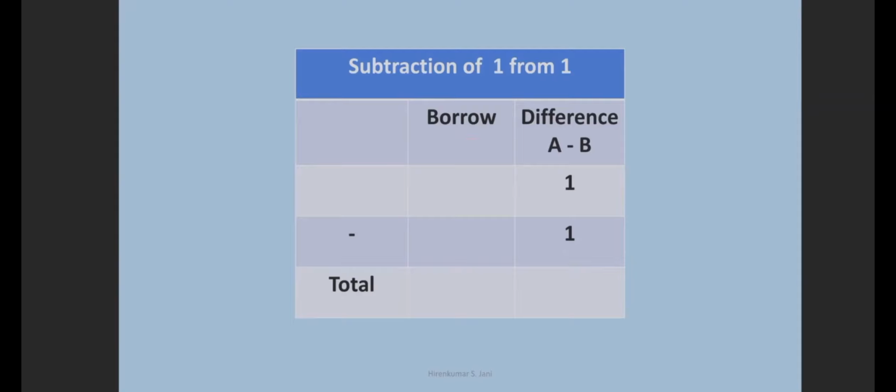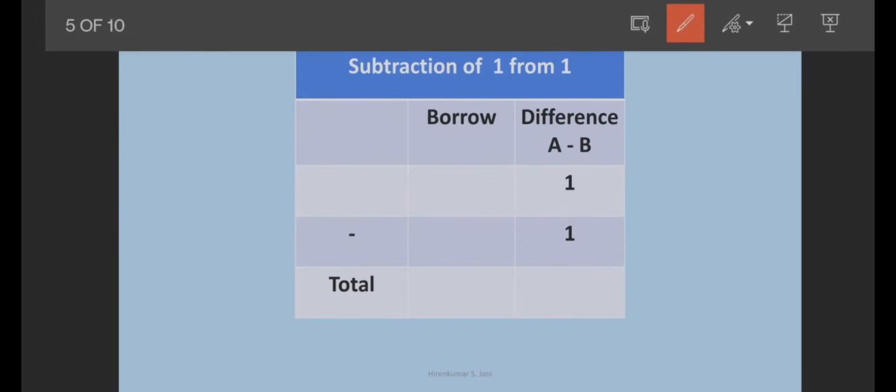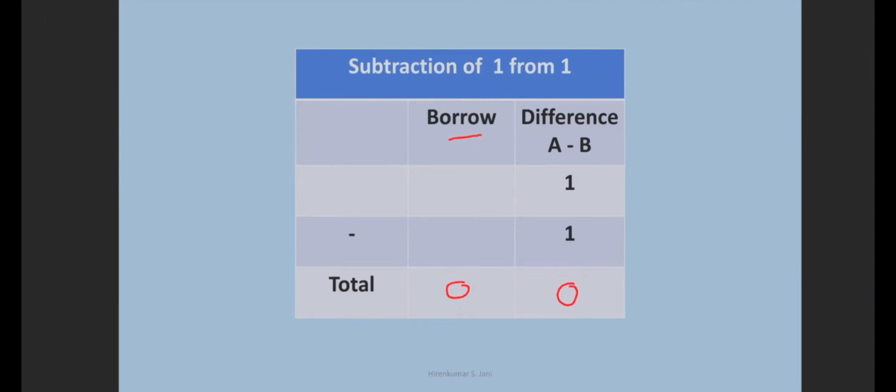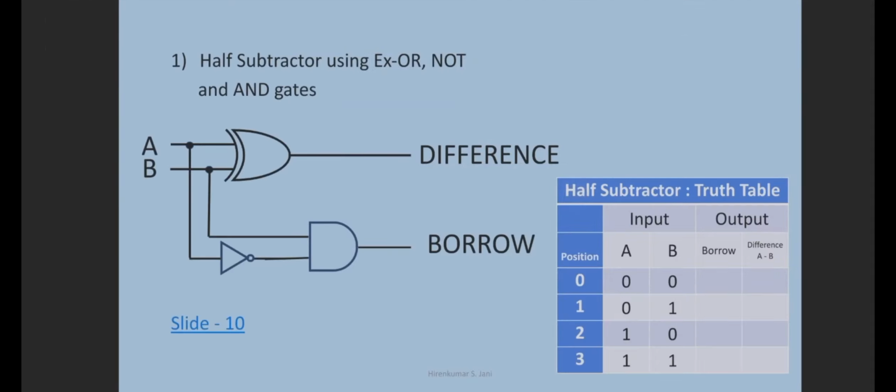In this case, subtraction of 1 from 1. Naturally, we will get the result as 0. Here also we are not taking any borrow, so the result for the borrow is 0. Now, let us move further.